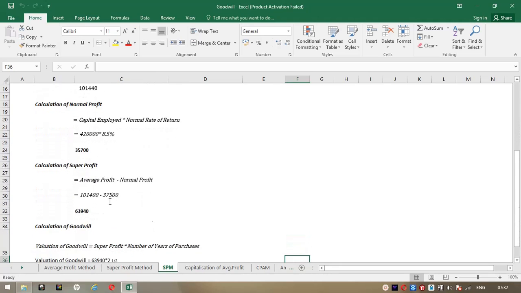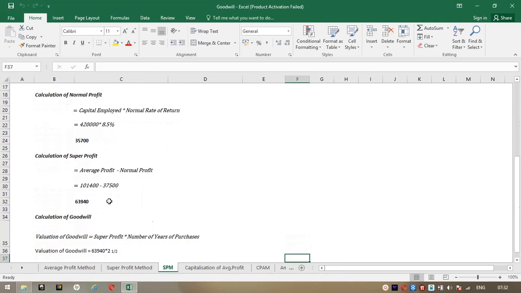For calculating normal profit, the formula is: normal profit is equal to capital employed into normal rate of return. Capital employed is given in the problem, that is 4,20,000, and the normal rate of return is also given. The normal rate of return refers to that rate of earning which investors in general expect on their investment. So normal rate of return is also called the expected rate of return.